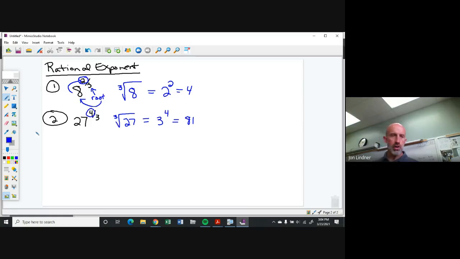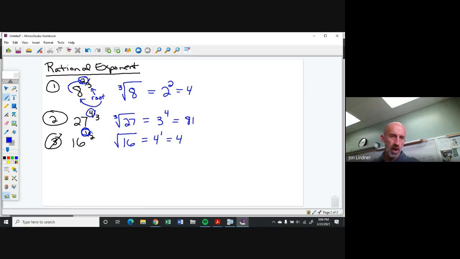What if I had 16 to the 1/2 power? It's the same thing, this is my root. Since it's a 2, it's just a regular old square root of 16, which is 4. But look at this. When this top number is a 1, all I have to do is find the root, because 4 to the 1 power is just 4.